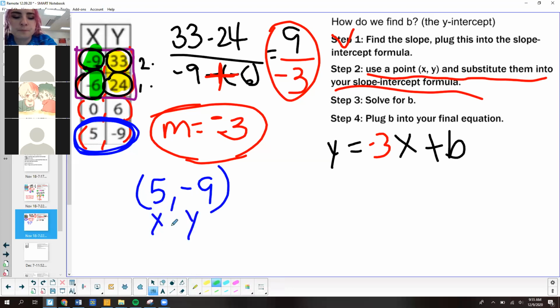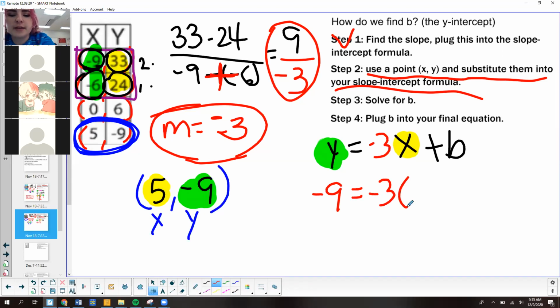So I'm going to sub in 5 for X, and I'm going to sub in -9 for Y. So -9 is going in for Y, and then 5 is going in for X. So -3, and then we're going to replace X with 5. And then I'm going to bring down my plus B.